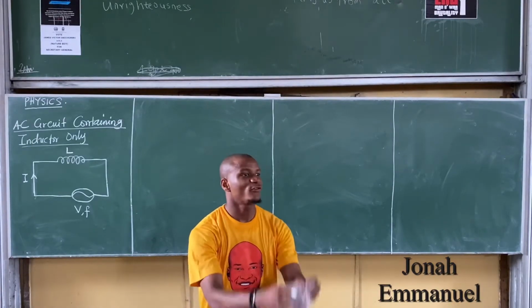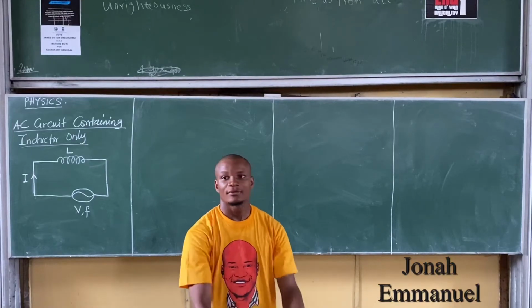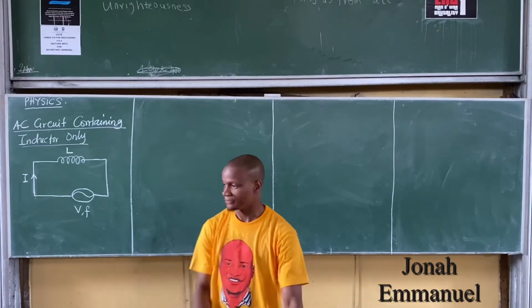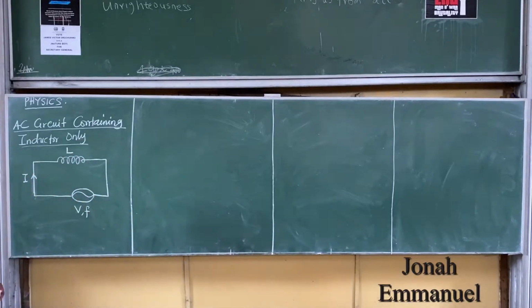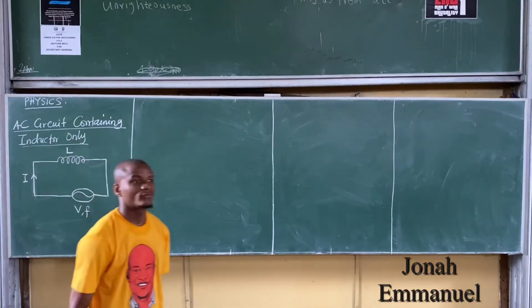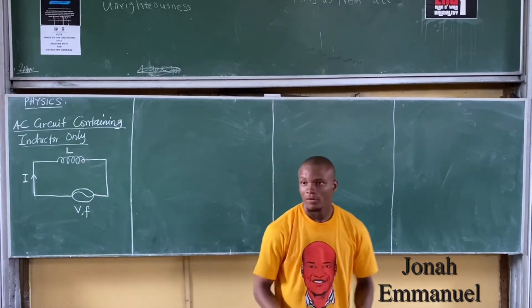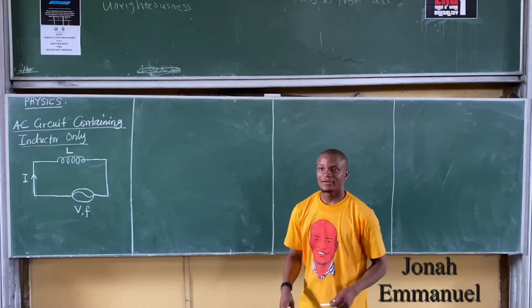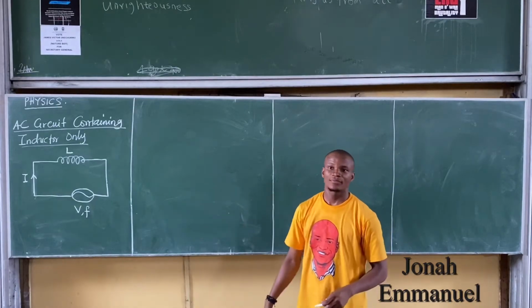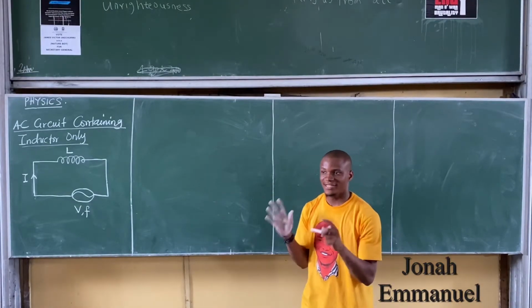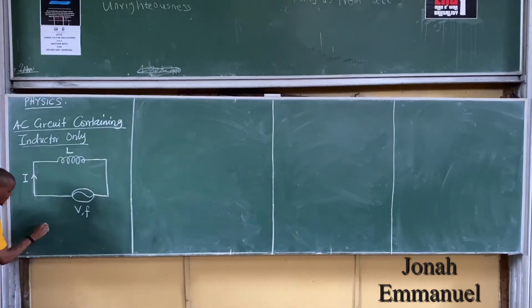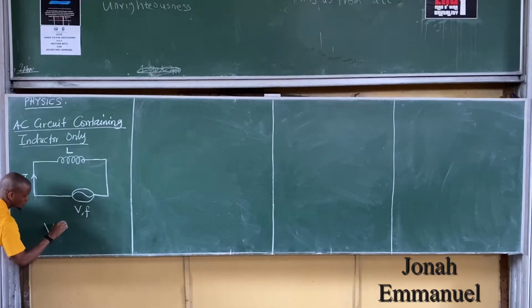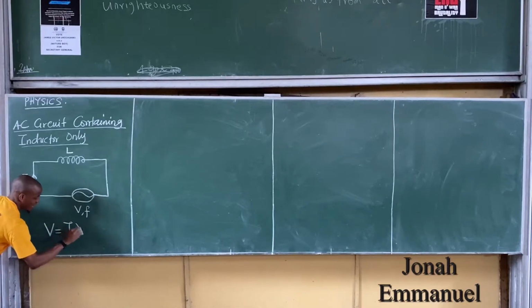What's the SI unit for inductance? Henry. Think of this. The voltage supply for this circuit is given by V equal to I times what there?